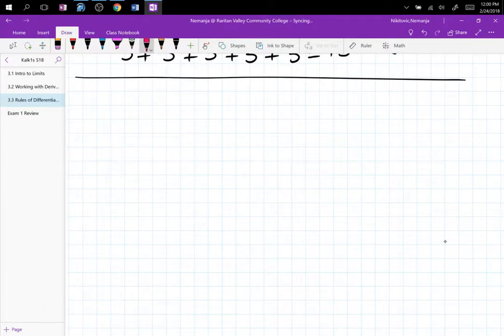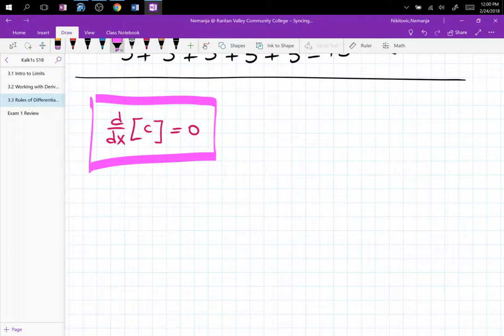Memorize this. The derivative of a constant is 0. And I put a box around this. I'm going to spell this one out, and then every other one will be read the same way.